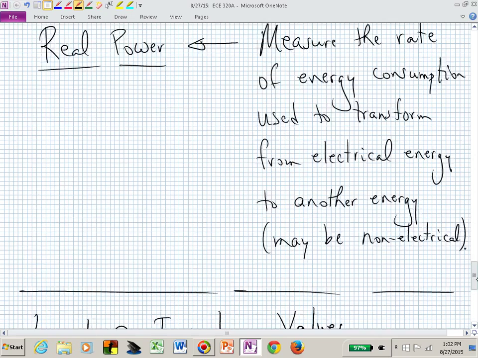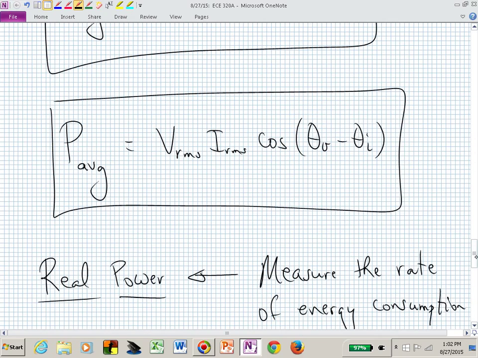If that's the case, what is our average power of a resistor? Cosine of 0, we have to remember that, and that's 1. So the average power of a pure resistor is just the product of the voltage magnitude in RMS and the current magnitude in RMS. And that one looks very familiar to us.